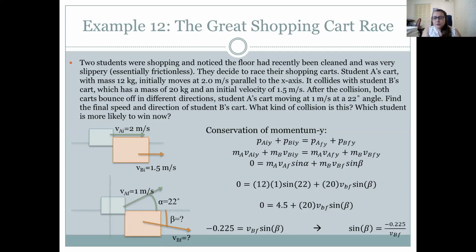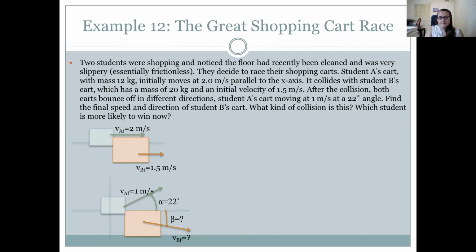So at this point, we have two equations and two unknowns. We have our conservation of momentum x direction equation and our conservation of momentum y direction equation. We're looking for the angle beta and for the VBF final velocity. So these are the two equations that we ended up with.